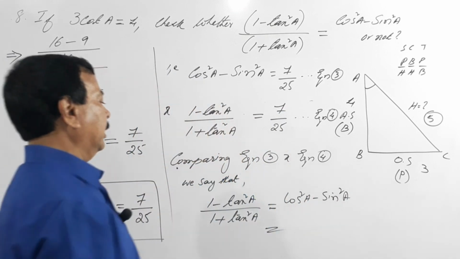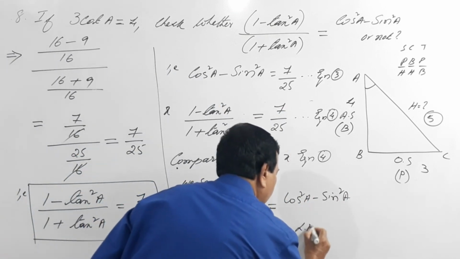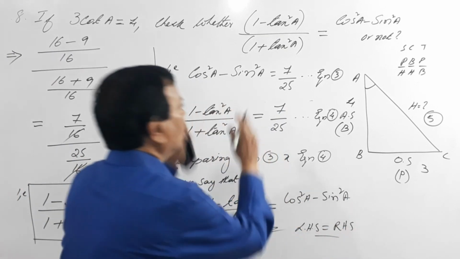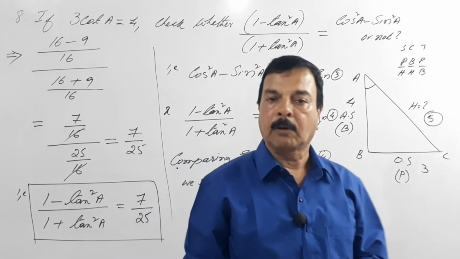So that is, LHS equals RHS. So both the values are correct. So problem number 8 is over.